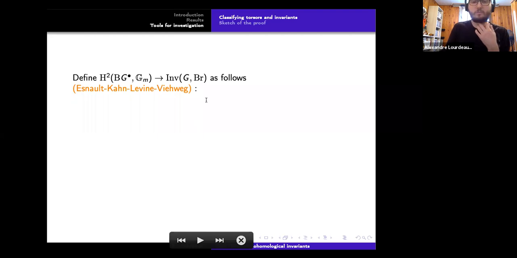This is mainly something I found in the papers of Enokan, Levin and Viveg on the Aronson invariant.